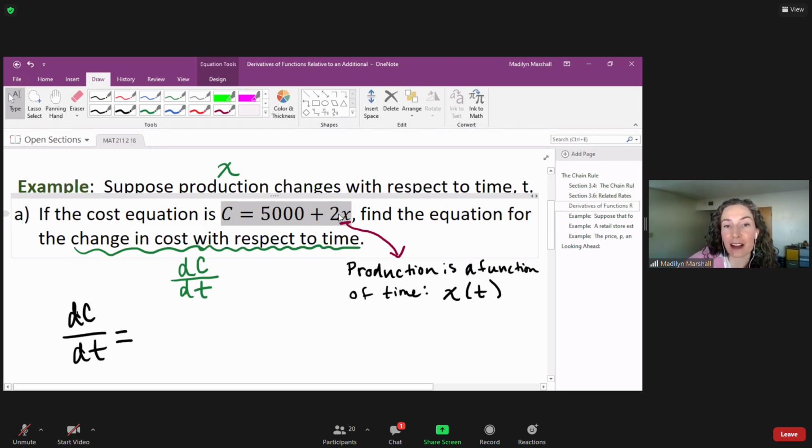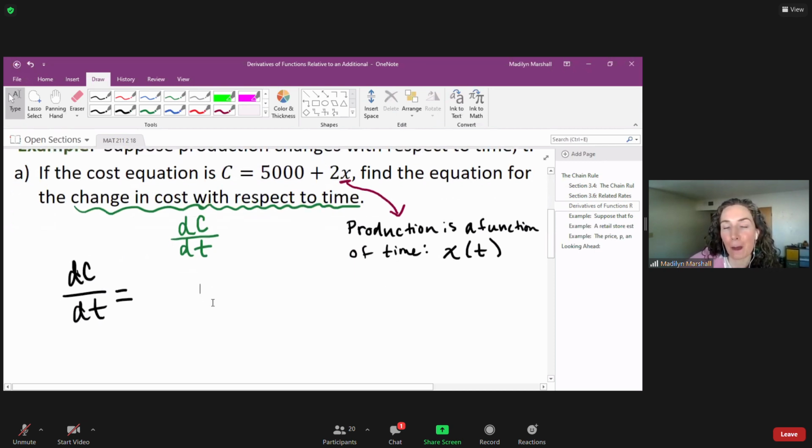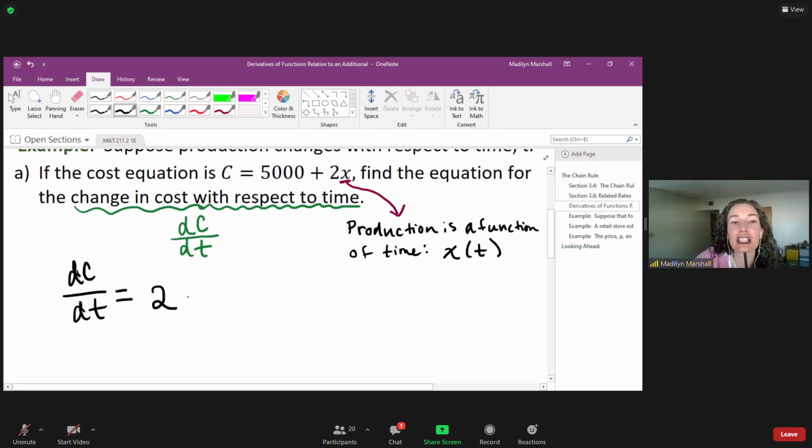So 5,000 plus 2x is our exterior function. So we would just take the derivative of 5,000 plus 2x like normal first. So what is the derivative of 5,000 plus 2x? 2. 2, exactly. Yes. So we have just 2.